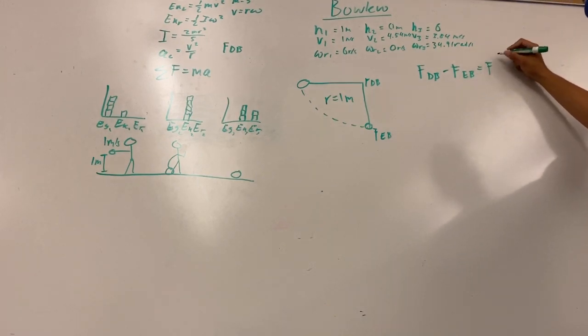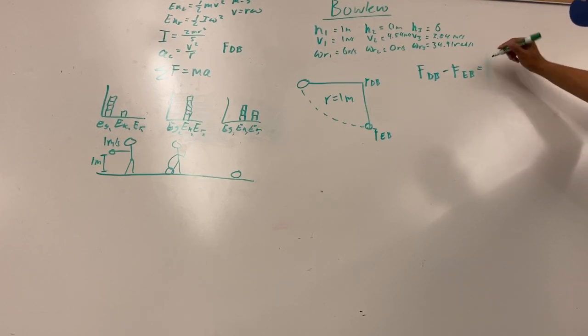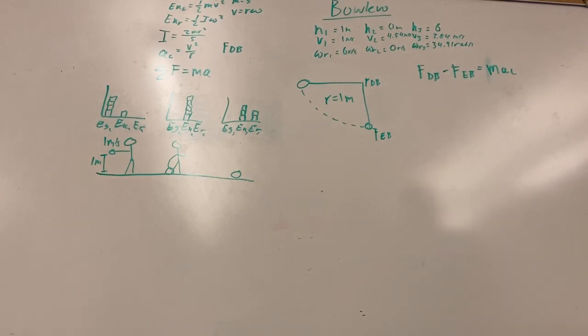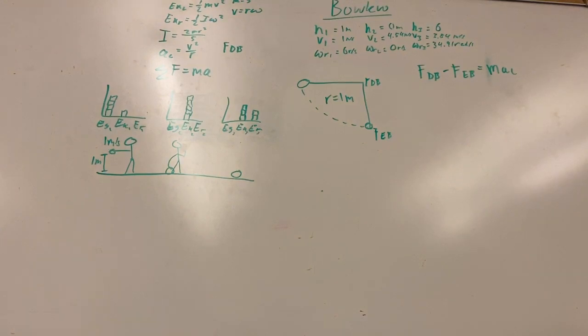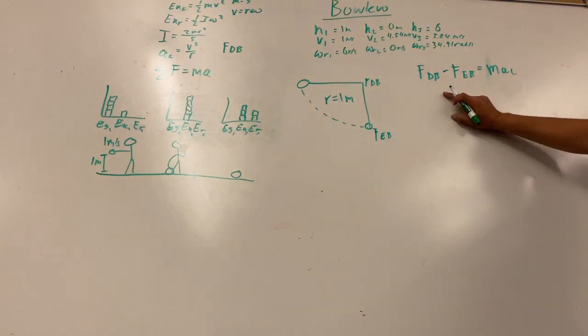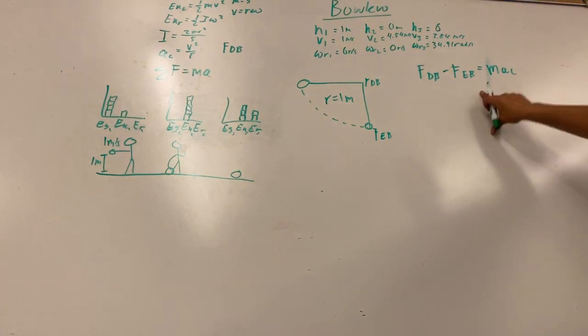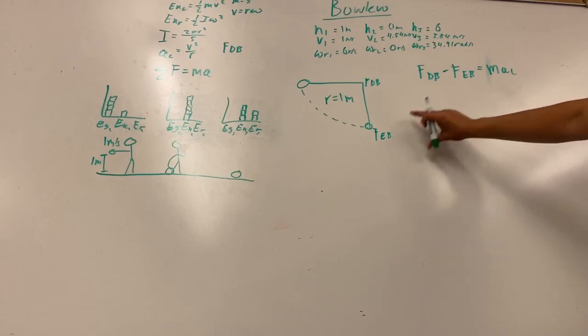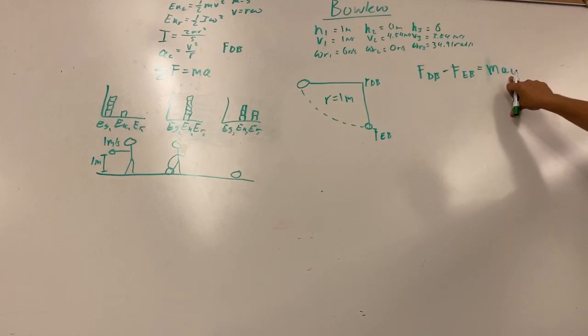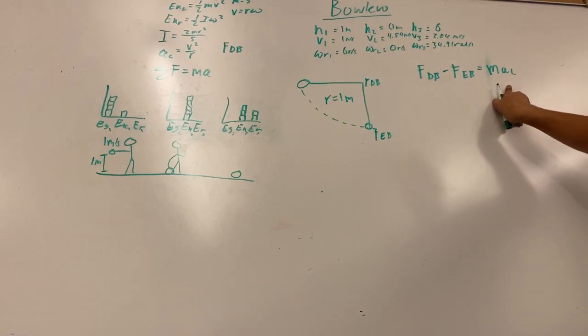F equals, I'm sorry. Mass times acceleration, which is going to be our centripetal acceleration in this case, since it's moving in a rotational motion. So this is going to be gravity. We know that. And we also know what this is over here. So we can go ahead and plug in our values.